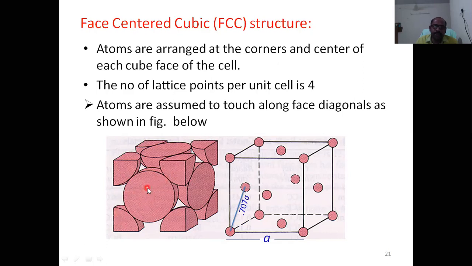So the atoms are touching along the face diagonal. It will be helpful to us in calculating the relation between atomic radius and lattice constant.